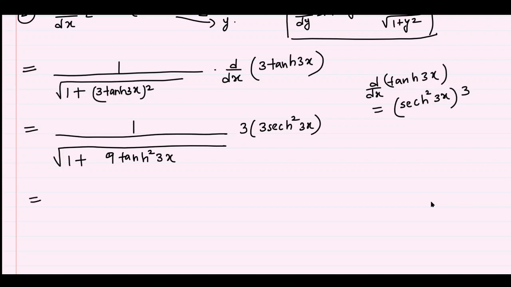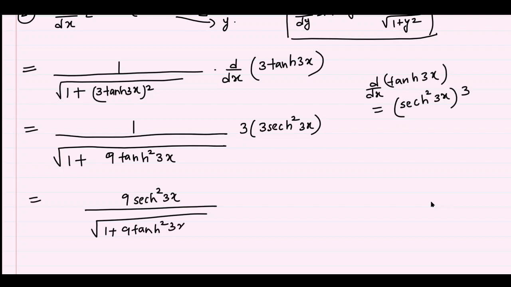So this is equal to 9 sech square 3x divided by root of 1 plus 9 tanh square 3x. So in this way we can find the derivative of a composite function also.